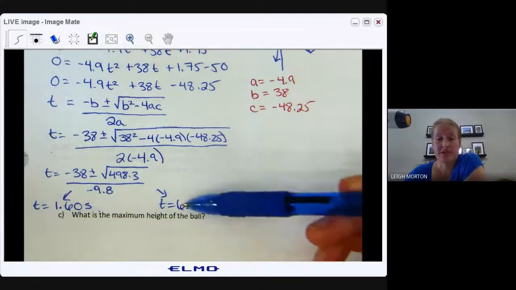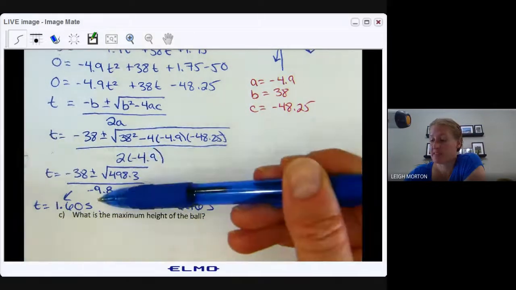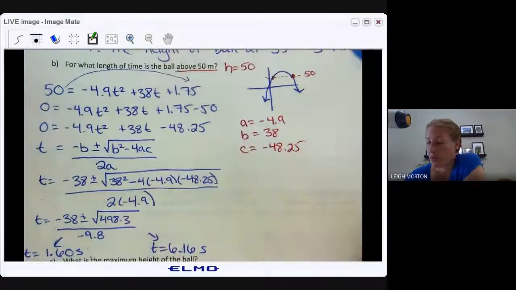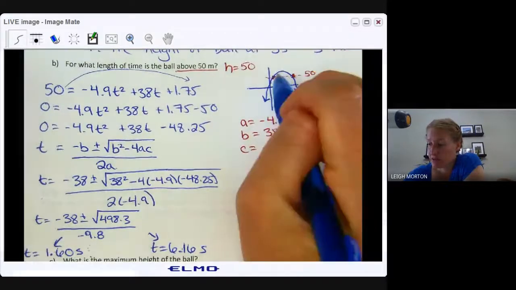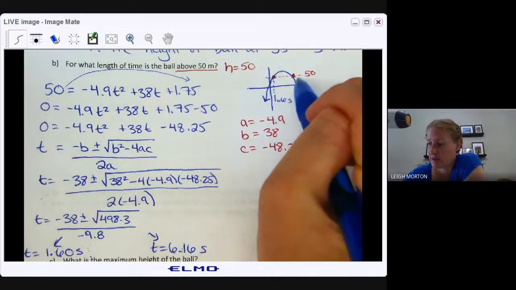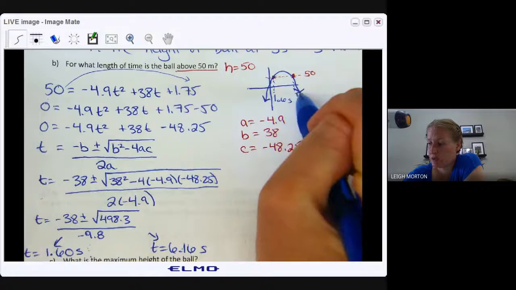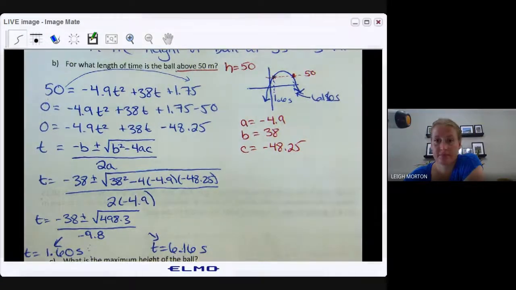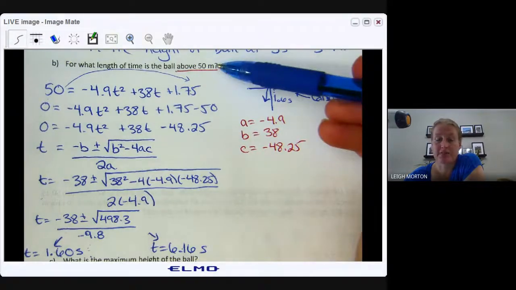All right, so what does this mean? These are the two times on our graph where the ball is at 50 meters. So here I would have 1.6 seconds, and here would be 6.16 seconds. The question, though, has asked for what length of time is it above 50 meters?